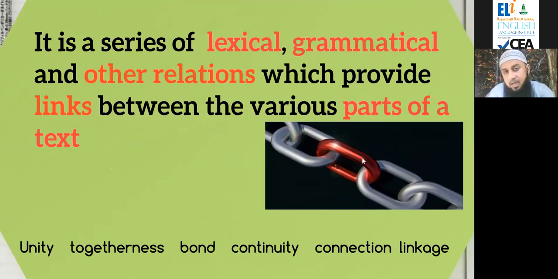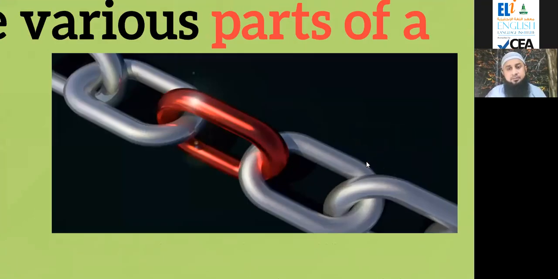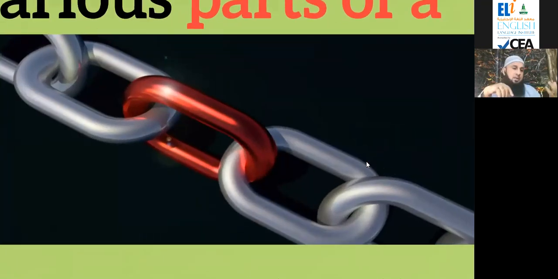It's a series of lexical, grammatical, and other relations which provide links between various parts of a text. Now look at this. One sentence is gray colored, the other one too, and that red thing links both, chains it. It makes it strong, unified together.